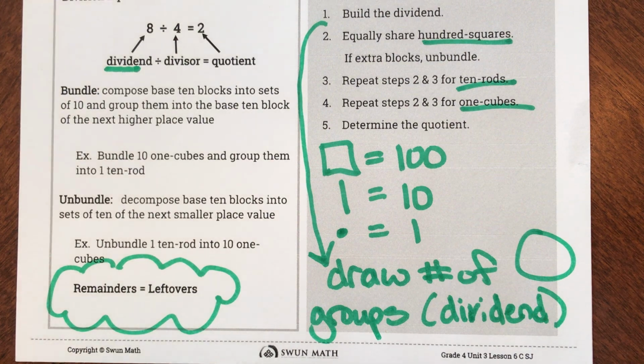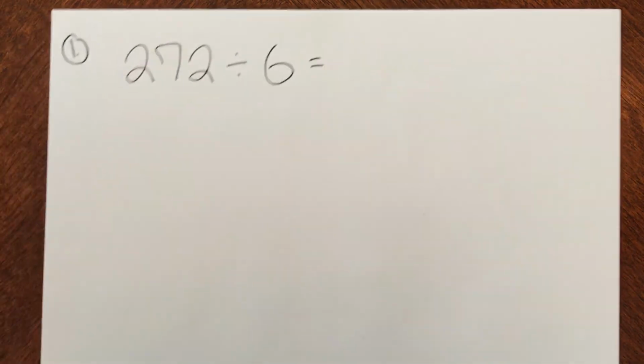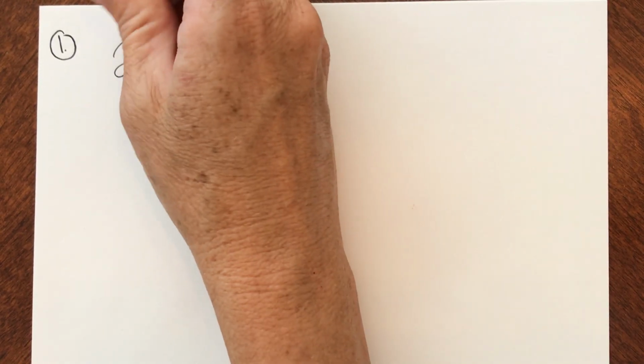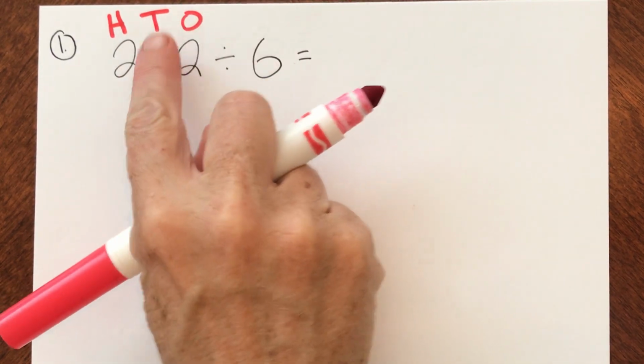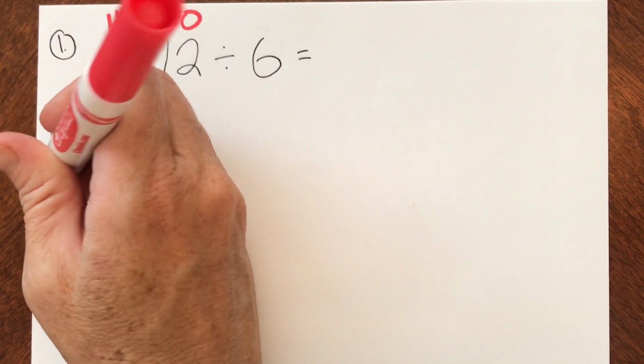Okay, so ladies and gentlemen, here's my first problem. It says 272 divided by 6. So my dividend, what I'm dividing, is 272. I'm going to put my place values on top: ones, tens, and hundreds. Step 1 says I'm going to build.